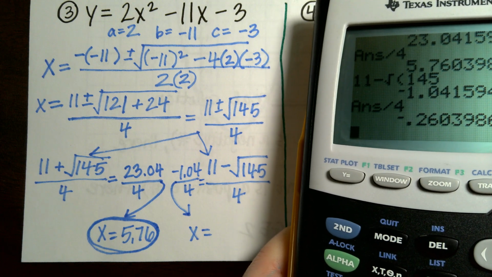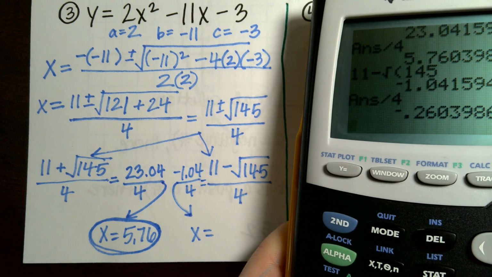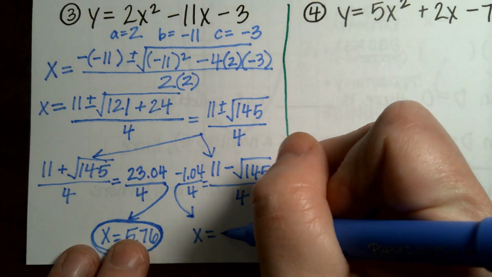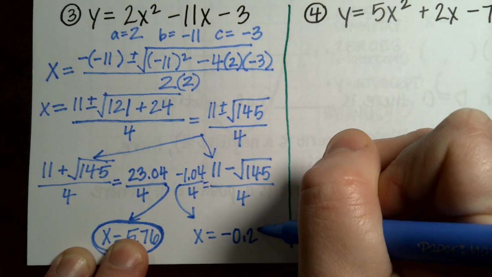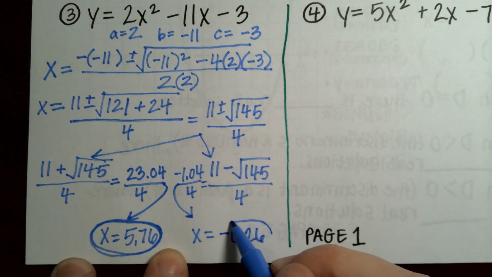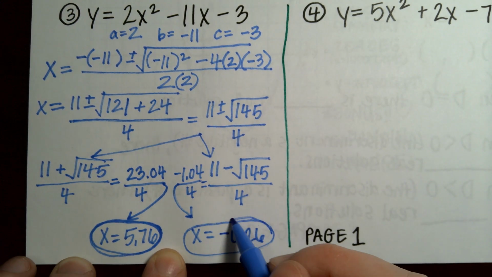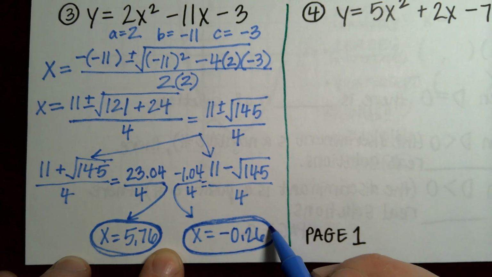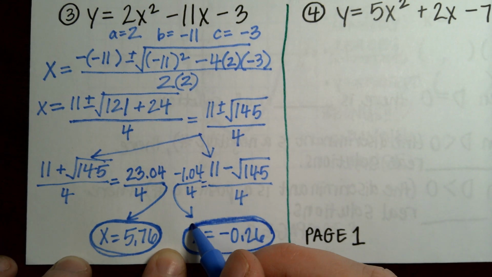For my second answer, I got negative 0.26. Before we go on, make sure you finish solving this and tell me if you got something different. Let's talk about it and figure out what step we might have missed.